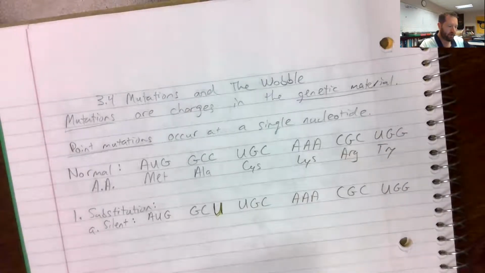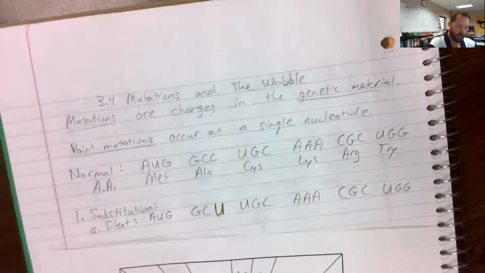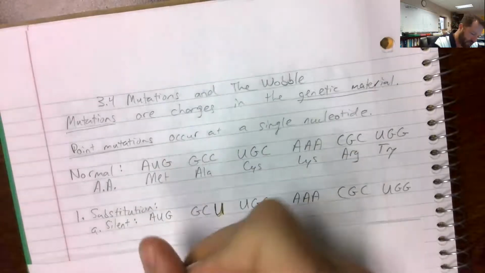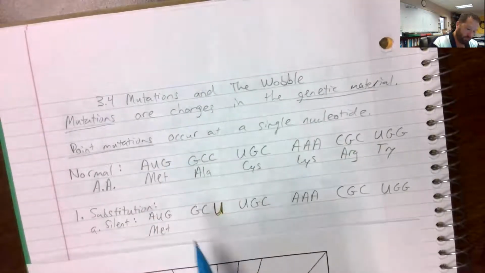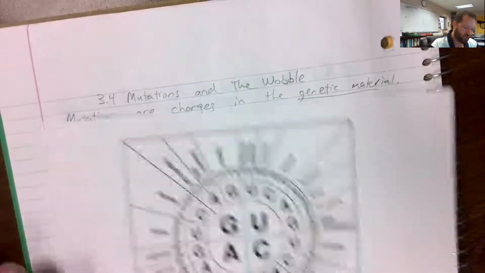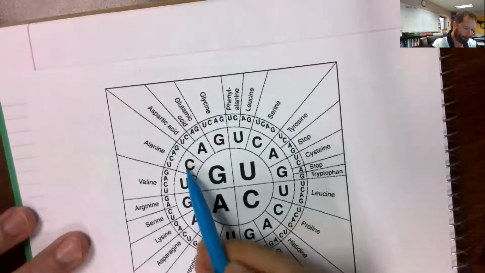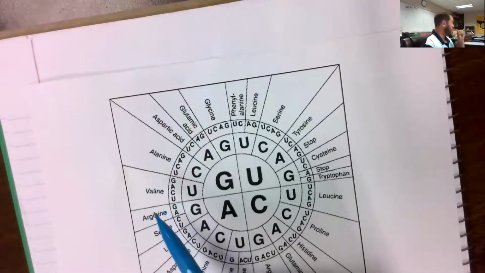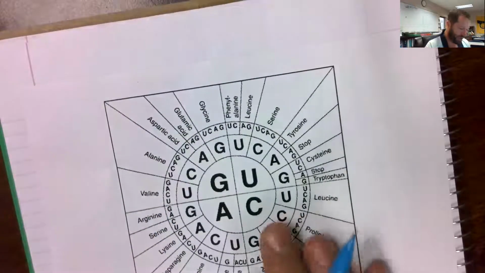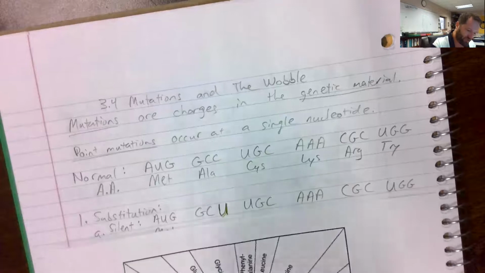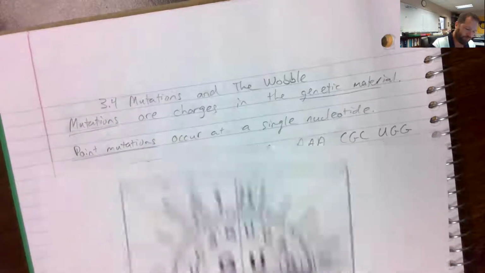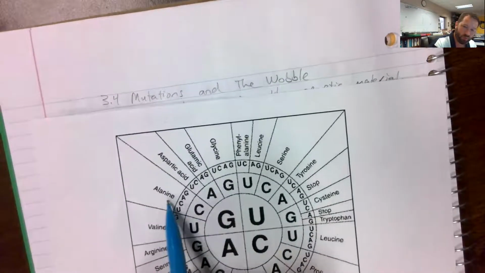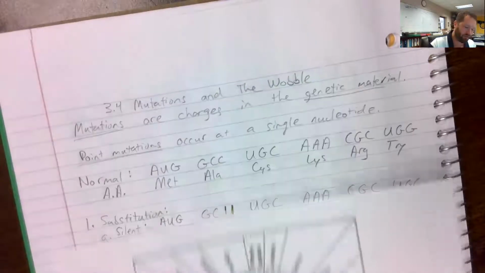There we go. Again, we get our codon wheel back out. AUG is going to remain the same, that's still MET. But now we have GCU. GCU also codes for alanine.